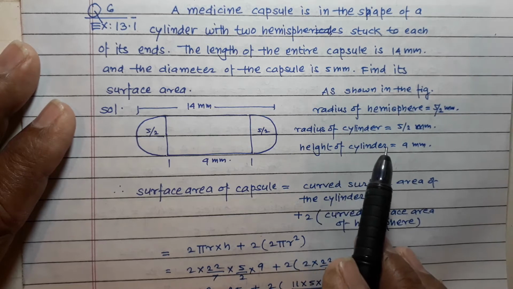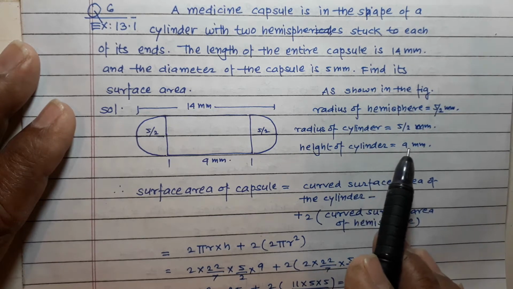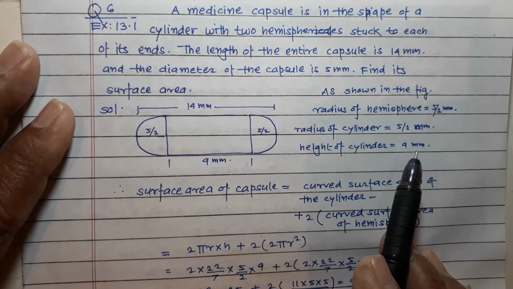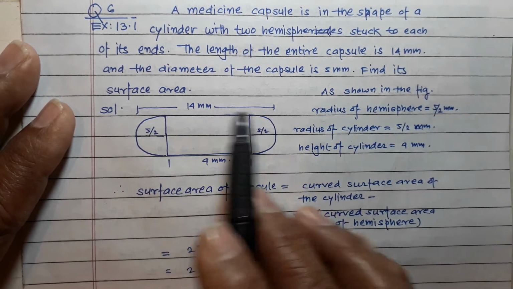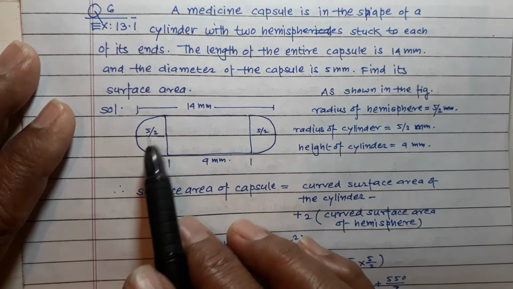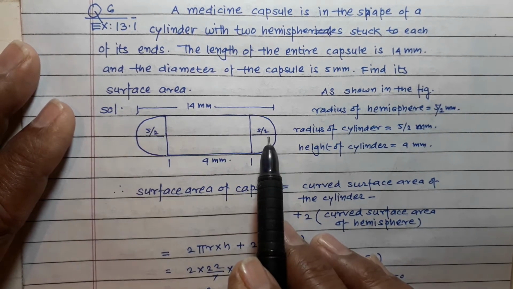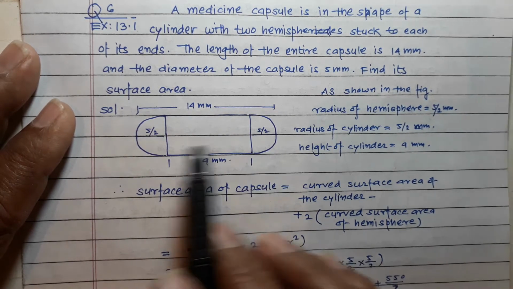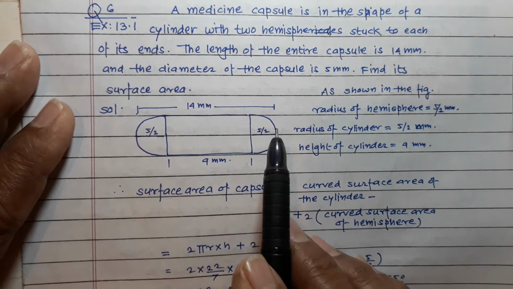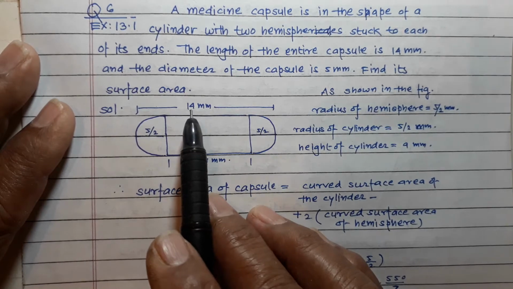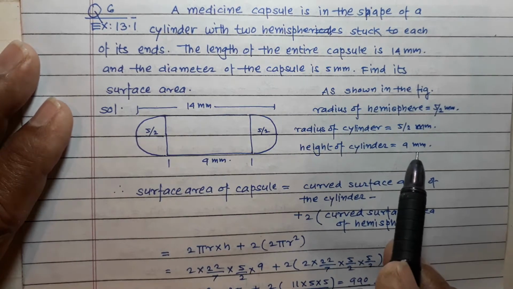Height of cylindrical part is equal to 9 mm, so this total is equal to 14 mm. This is 5 upon 2, this is 5 upon 2, so that is equal to 2.5, so 5 in total, 14 minus 5 is equal to 9 millimeters.